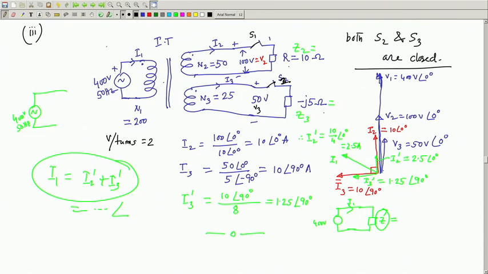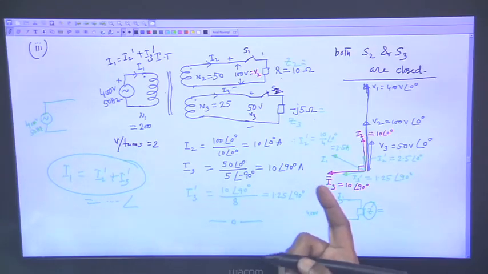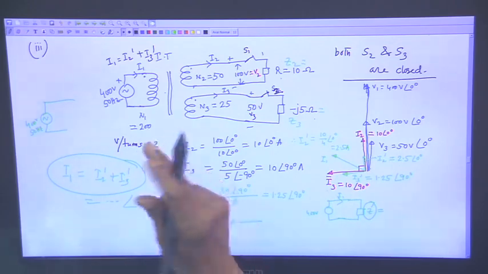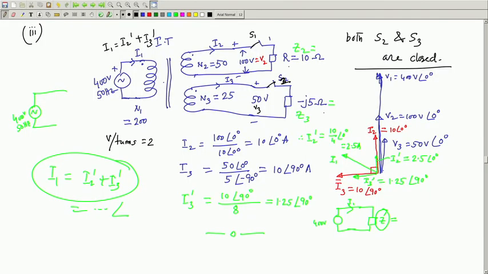So, I 1 will actually comprise I 2 dashed plus I 3 dashed, that is exactly what we did. While calculating the reflected current, be careful about the turns ratio. For this it is 200 by 50, with that number you have to divide. Similarly, for this it will be 200 by 25, you have to divide, like that you have solved the problem.